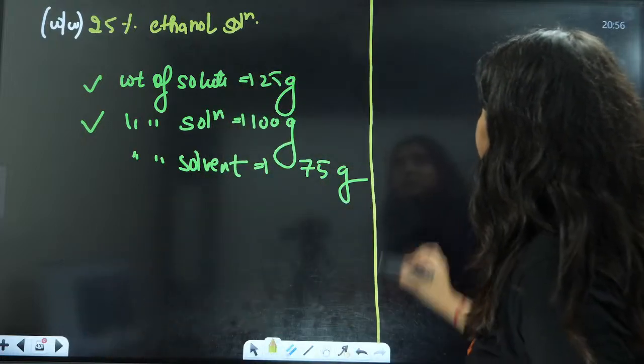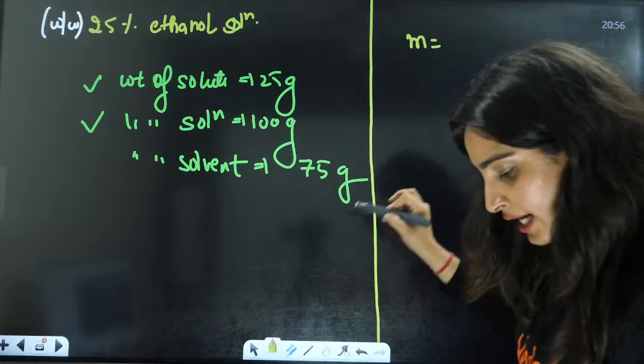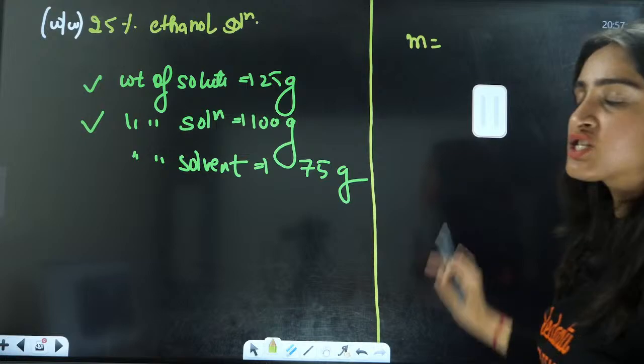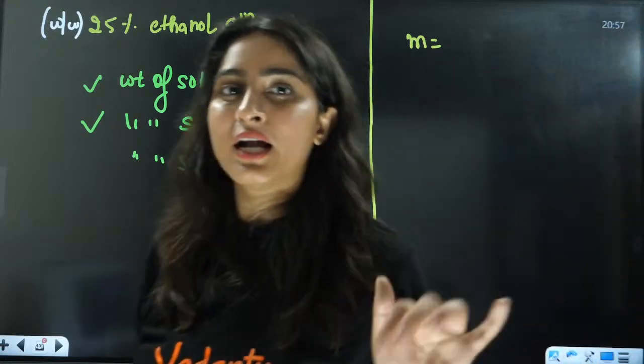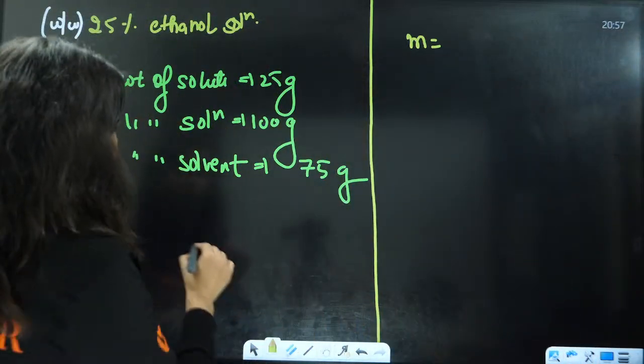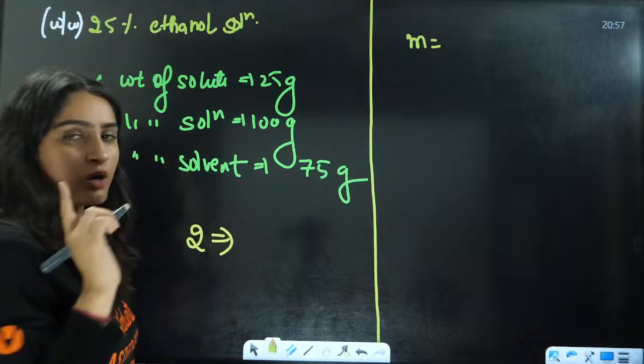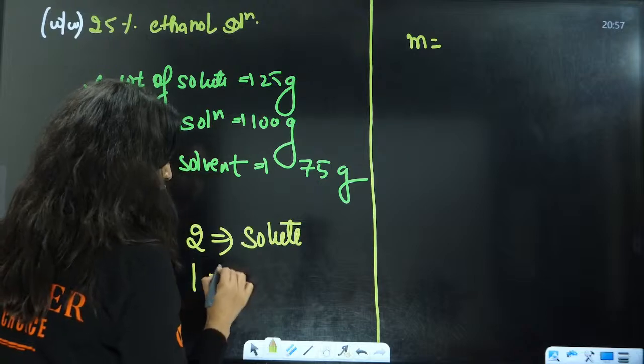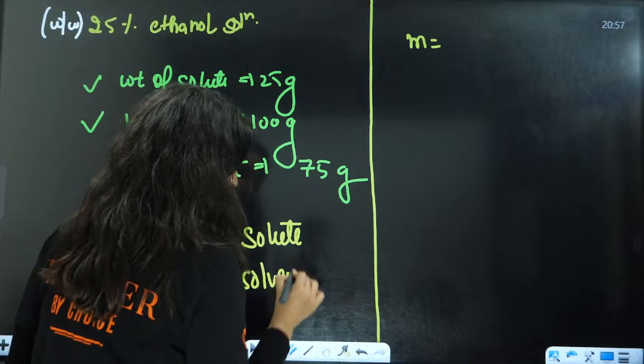Because molality, which is represented by small m, is equal to weight. Always remember, in the solution chapter also I will tell you that I will always denote 2 for solute and 1 for solvent, right?